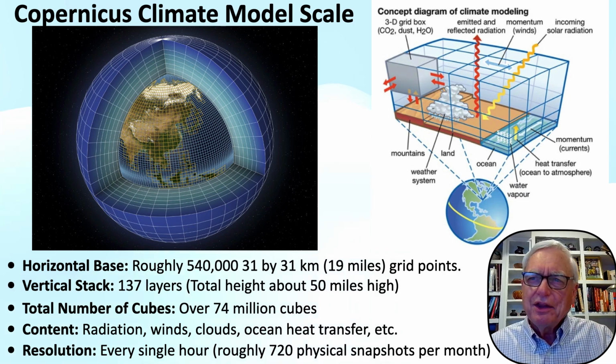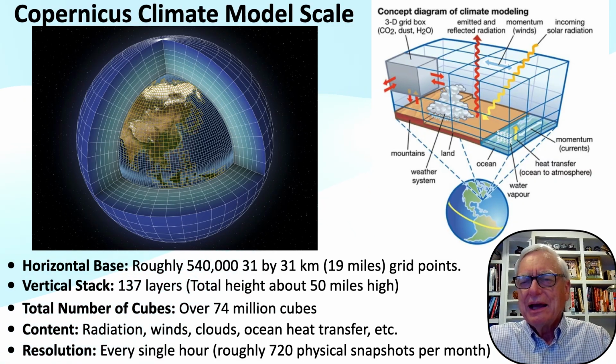Now, the kinds of information they put into these cubes are sort of illustrated in the upper right-hand corner here, and we talk about that in video 4. But there's more than just information about temperatures, okay? And then they calculate that temperature every single hour.